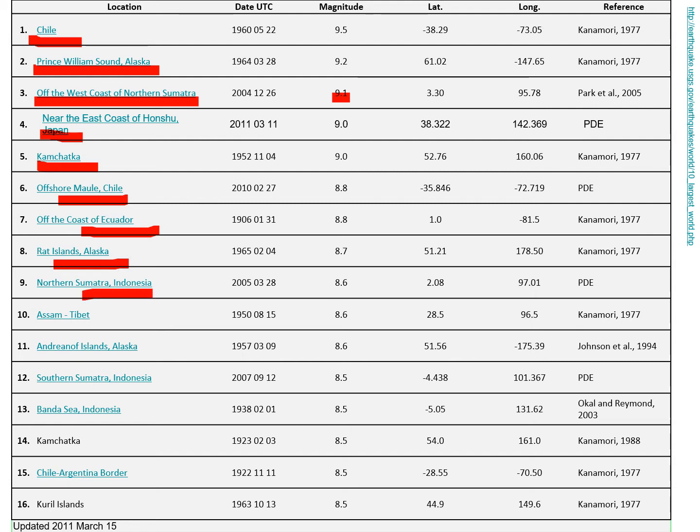Now, then at number 10, not a subduction zone, but still a convergent plate boundary. And then we have subduction zone, subduction zone, subduction zone, subduction zone, related to a subduction zone, and then subduction zone. So of the 16 largest earthquakes ever recorded, all but one of them are on a subduction zone.